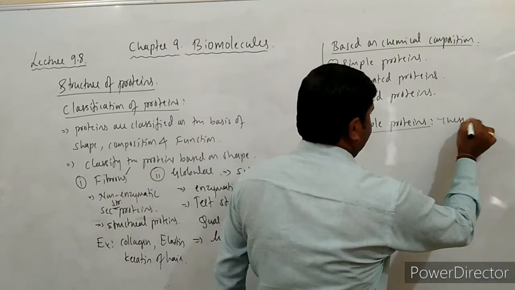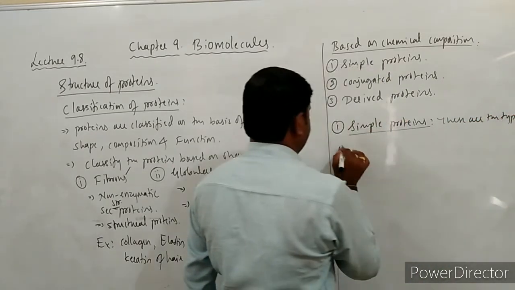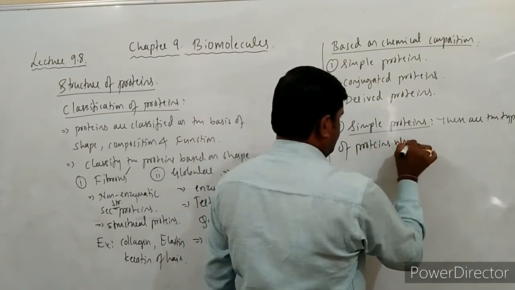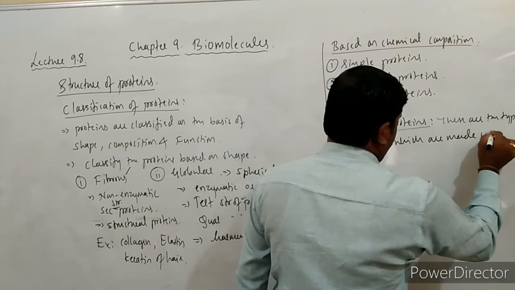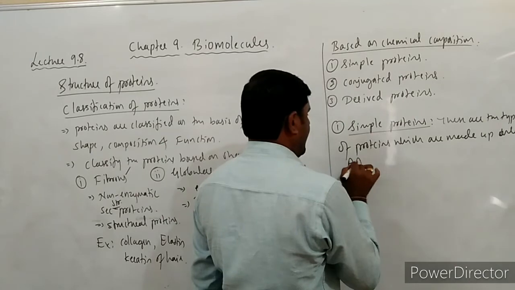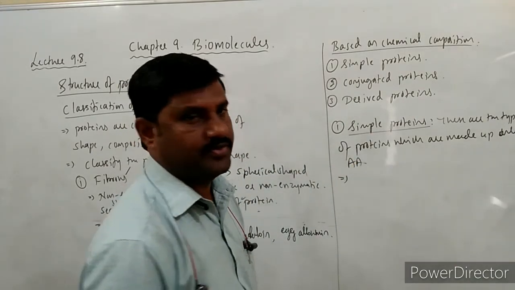These are the type of proteins which are made up of only amino acids. Such kind of proteins are called simple proteins.